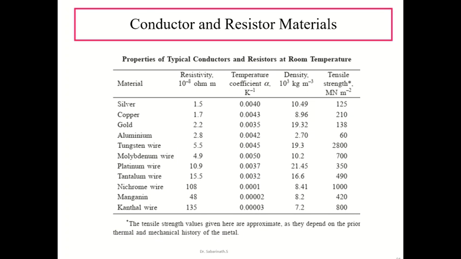Here the resistivity, temperature coefficient of resistance, density and tensile strength of typical conductor and resistor materials are listed. The conductors are used in transmission lines and distribution lines, and copper and aluminum are commonly used.